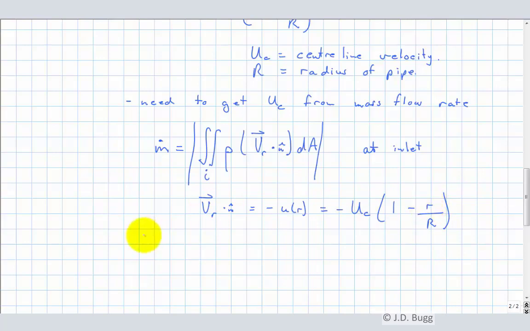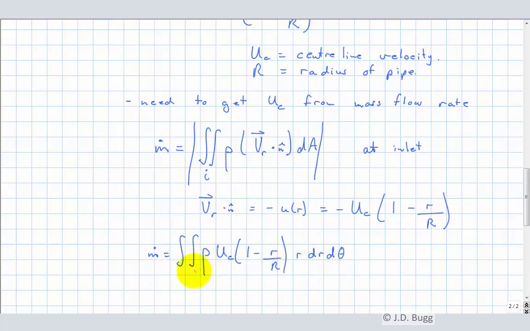So that's good. So now we can come back and assemble this mass flow rate. Remember what we're integrating with respect to here. This is a circular pipe, so our dA is going to be r dr d theta. So we'll fill in the limits in a moment. We have rho, we have U_C (1 minus r over R) times our element of area, r dr d theta.